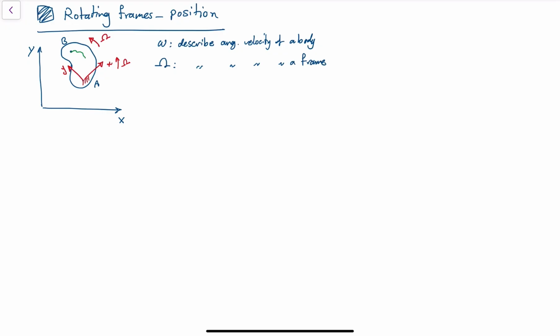This is just a pure matter of notation. They're both angular velocities. But to make the formulation easy to distinguish, we use different letters so we know what we're dealing with. So whenever you see capital omega, it is convention that it is the angular velocity of a frame rather than a body. But as we fix our frame to a body, obviously they're going to be the same.